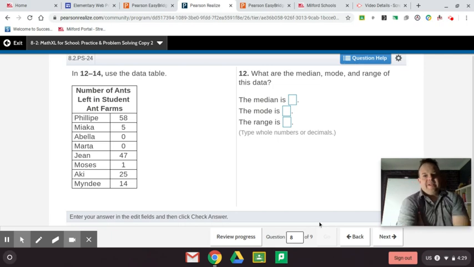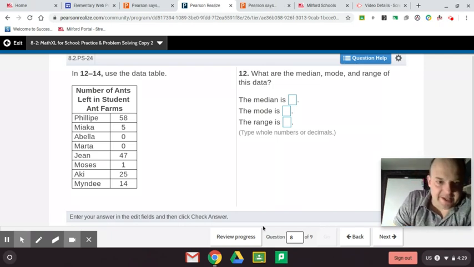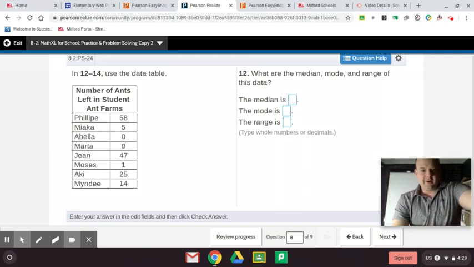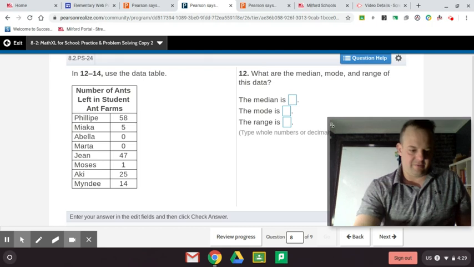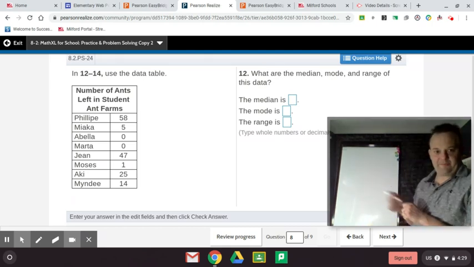What are the median, mode, and range of this data? Okay, so we are going to have to put these in order from least to greatest. Well, that's why I have this board here.